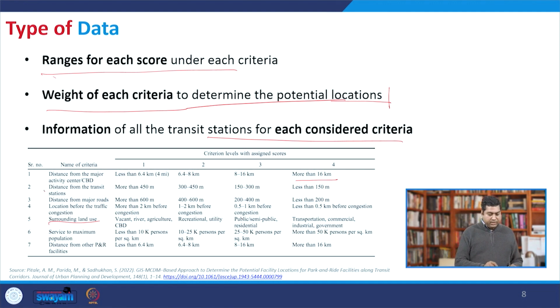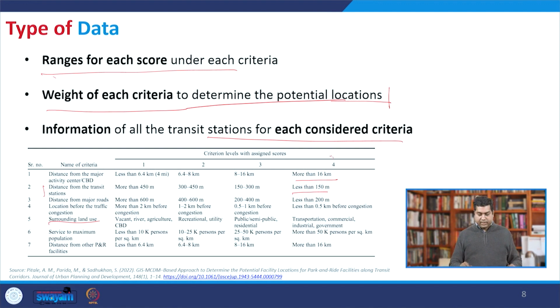But when you consider the distance from the transit station, that is your home location to transit, definitely whenever it is less than 150 meter, in this particular case where your park and ride facility and the station are within 150 meter nearby, you just park your vehicle and in a few meters you are getting the station.